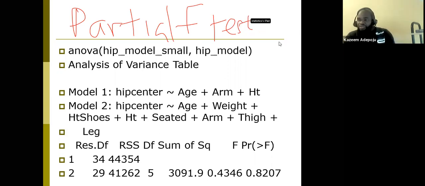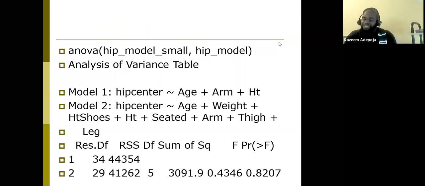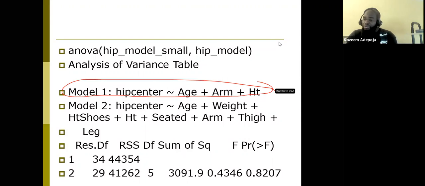If you remember, we normally use the partial F test in a situation where we have two models, a very simple model and a complicated model, in such a way that the simple model is nested in the complicated model. Model 1 is the simple model after controlling for multicollinearity.